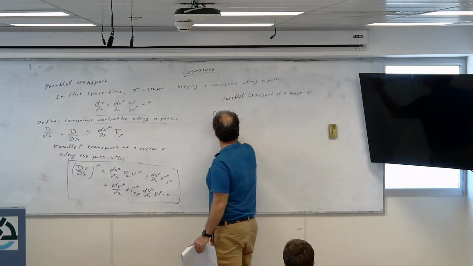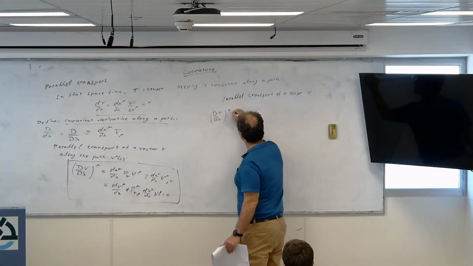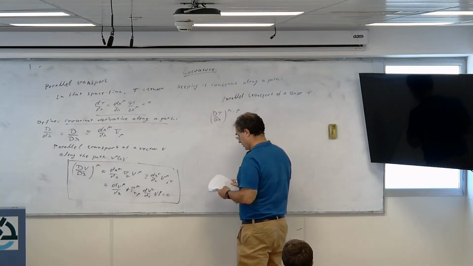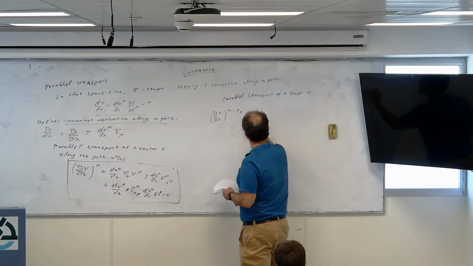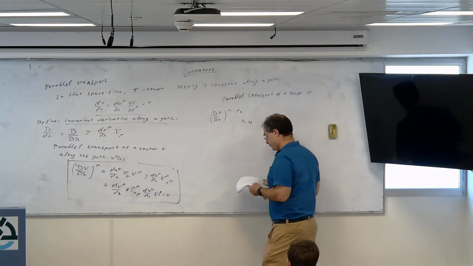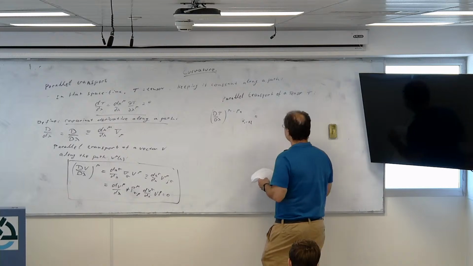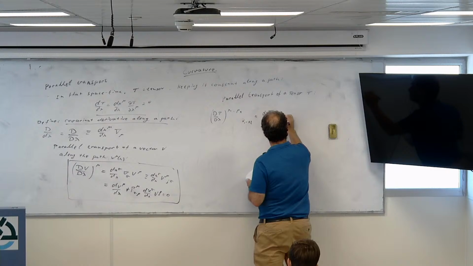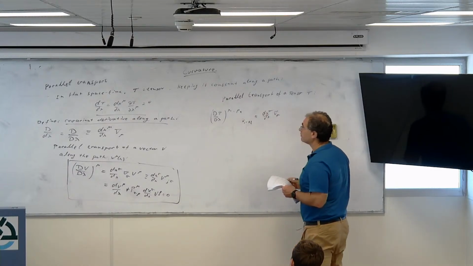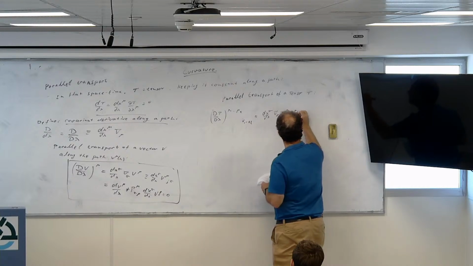DT over d lambda, with indices mu1 through mu k, exactly the same idea. dx^sigma over d lambda nabla_sigma T^{mu1...mu k} is equal to 0.